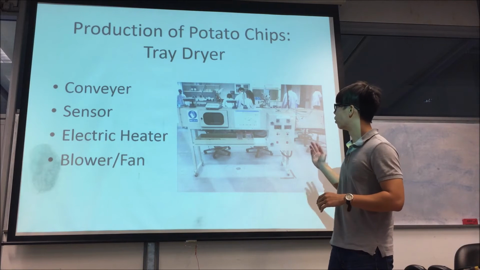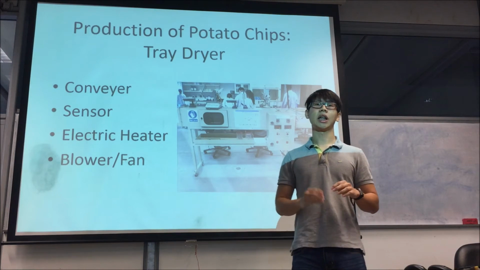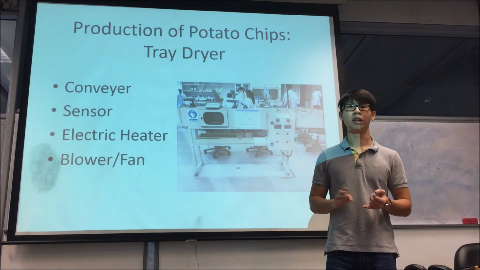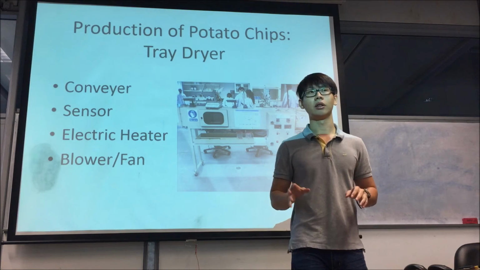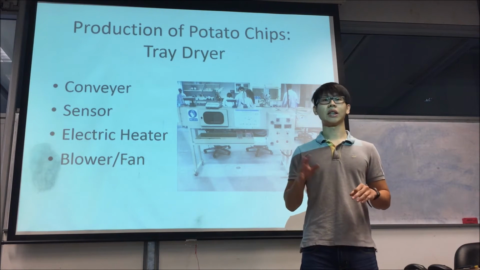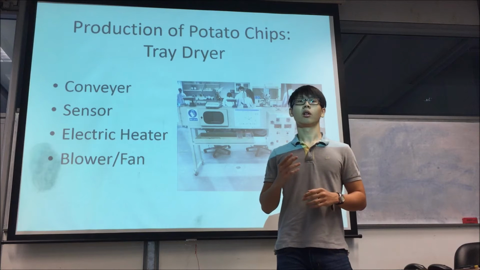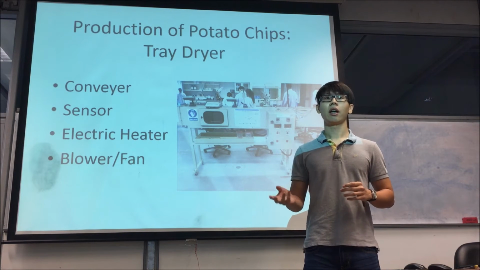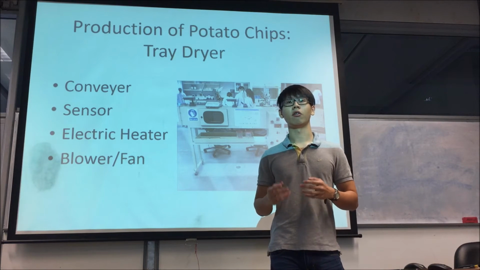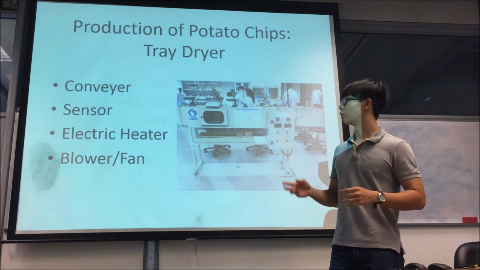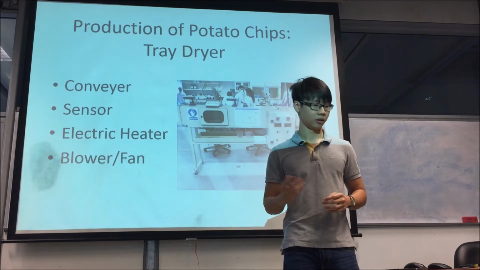Then they enter the tray dryer, where sensors sense the air humidity and air temperature around the wet slices, and therefore control the electric heater and the velocity of the blower fan in order to produce an optimum product.